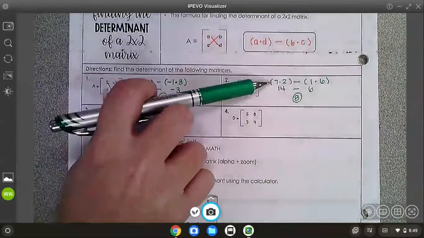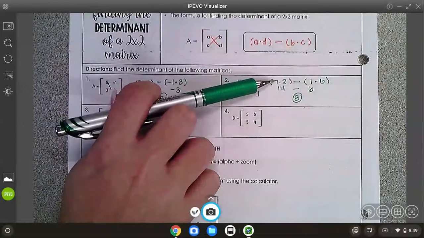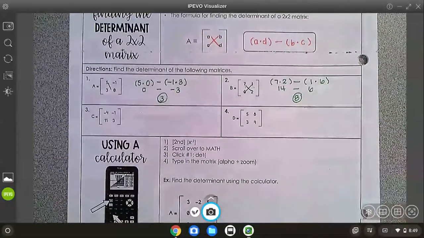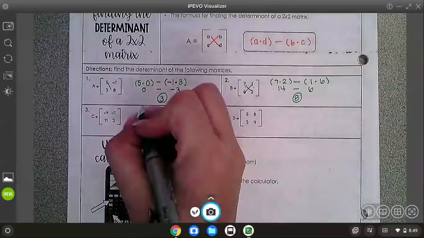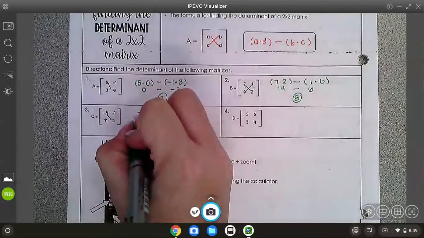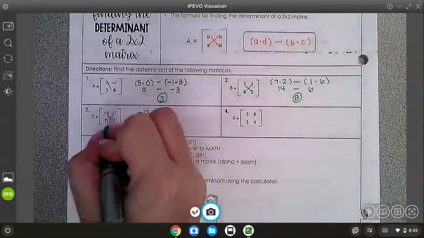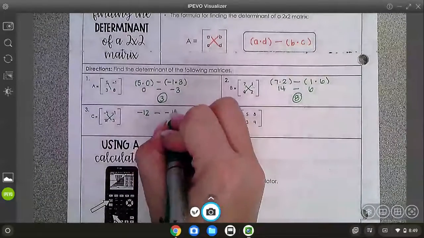Now, I'm okay if you skip this first step right here. But on all of these, anytime you're asked to show your work, I at least need to see this second line. Not just an answer. Just an answer would imply you just typed it in the calculator. Number 3, -4 times 3 is -12 minus -1 times 11 is -11.